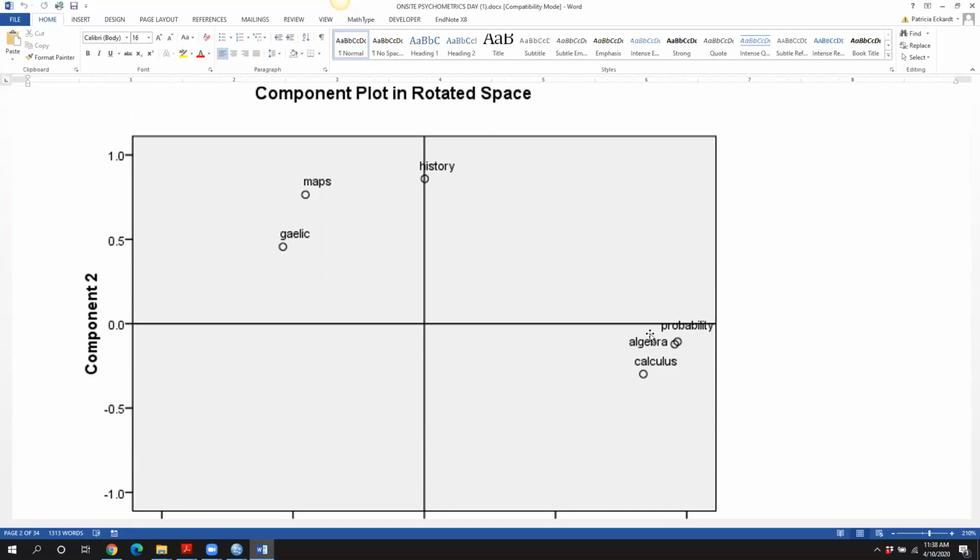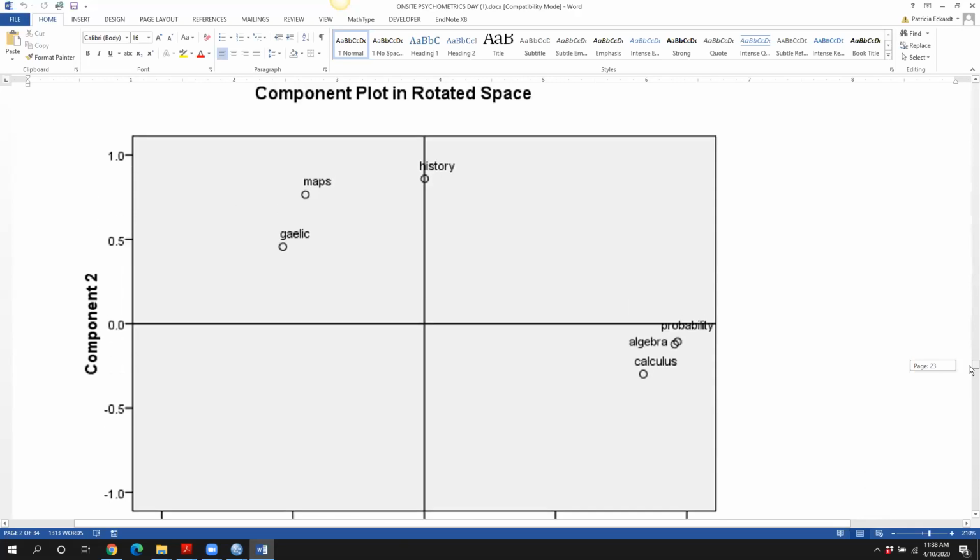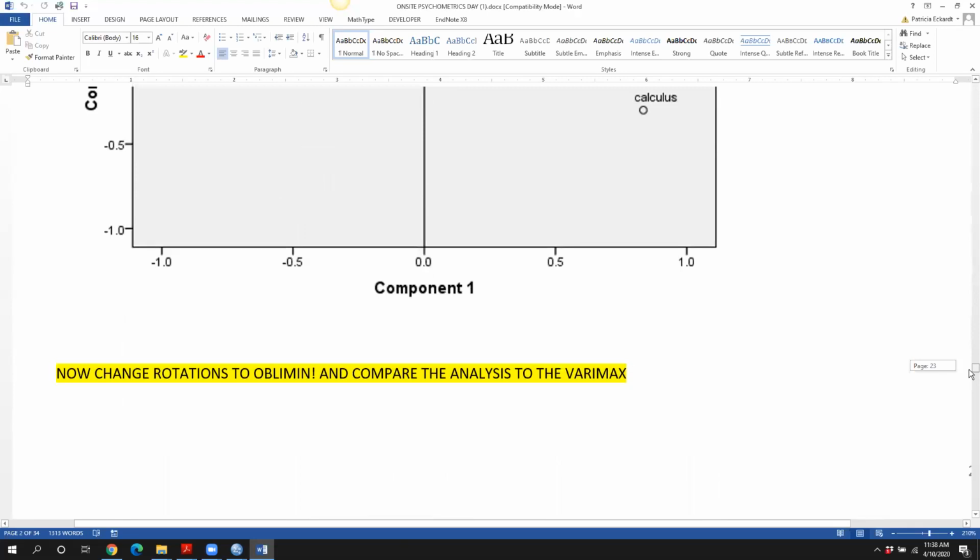So here's the math, the quantitative. Gaelic and maps are over here, and here's history. History is kind of near maps and Gaelic, and they're all kind of near each other. But these 3 are definitely, remember that Cronbach's alpha was above a 0.9 for those 3? They're definitely all grouped together. So it looks like it probably is a two-factor model, maybe a 3, okay?